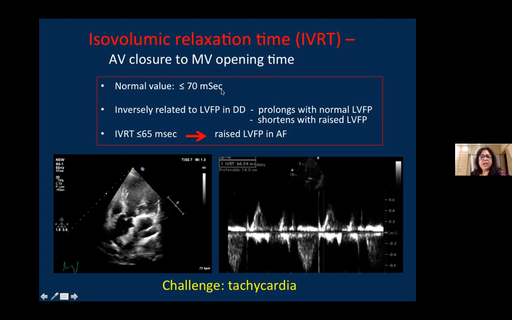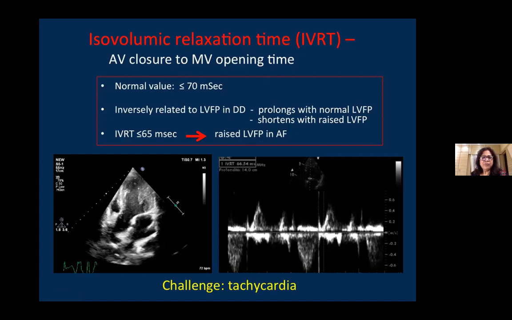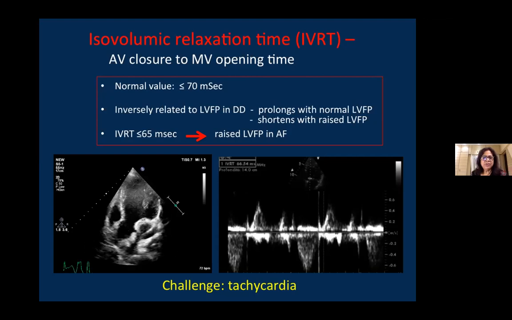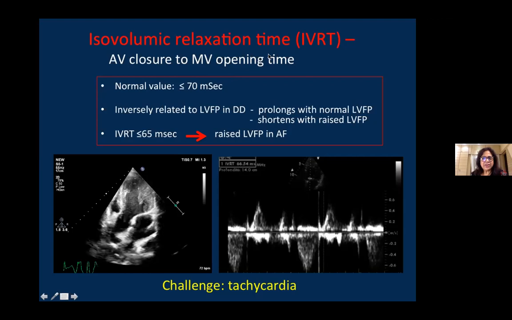Now, what happens? See, in grade 1 diastolic dysfunction, it prolongs the isovolumic relaxation time because myocardial relaxation is poor, so LV pressure fall is slow, so LV takes longer time for its pressure to come down, so the mitral valve opens a bit late. So that prolongs the isovolumic relaxation time.